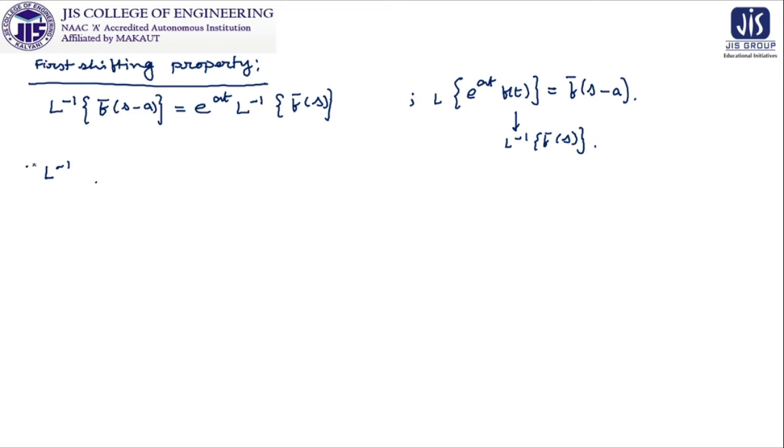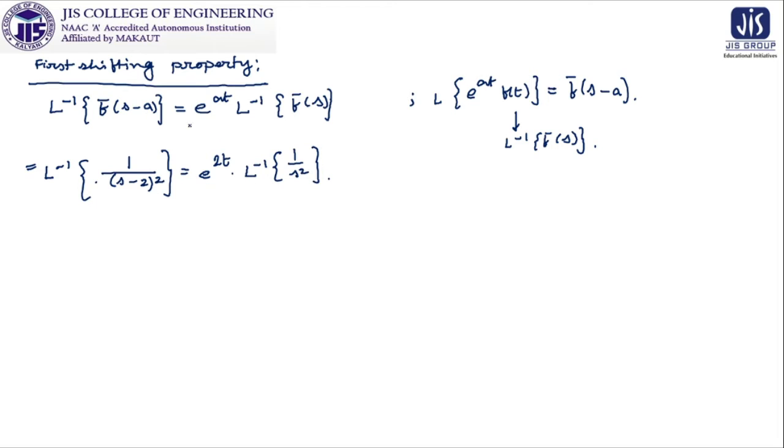If we think of the application of this in a very simple problem, suppose we have to find the Laplace inverse of 1 by s minus 2 whole square. We can write it as e to the power 2t into Laplace inverse of 1 by s square.